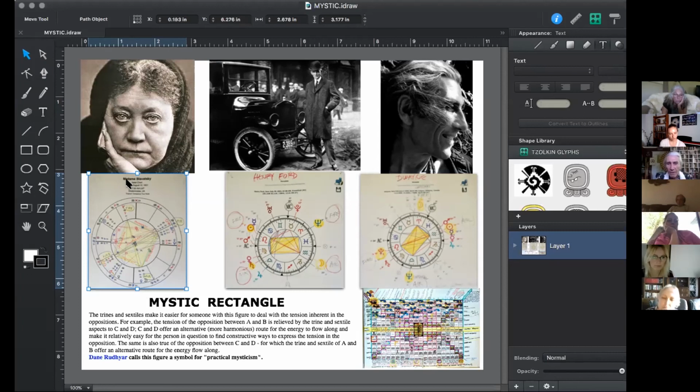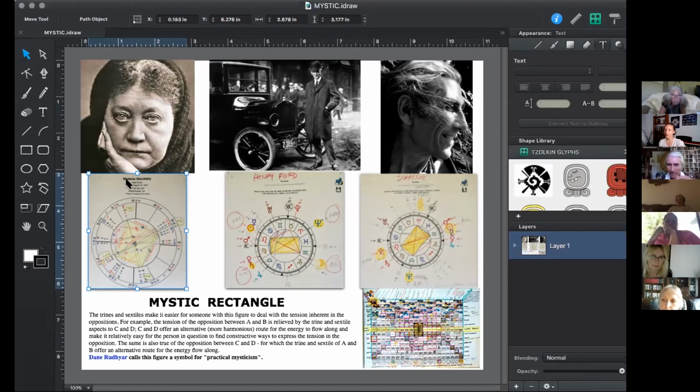There are other mystic rectangle charts that I came across, but with Ford, Blavatsky, and myself, it's all about air and fire, the four corners of the rectangle. So that's information for me as to how I'm to be in the world, and I certainly can relate.